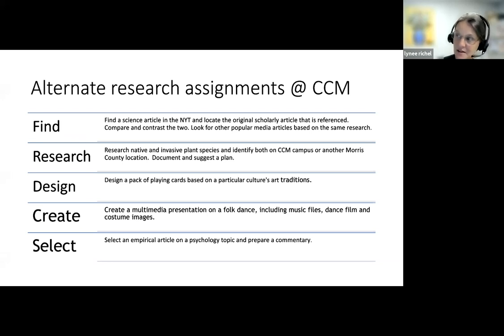The skills of research, evaluation, and synthesis are not taught in high school, and I know this because I have an 11th grader. So these skills are not being taught in Morris County high schools. And that is why there is a lot of work that happens in English Composition 2.